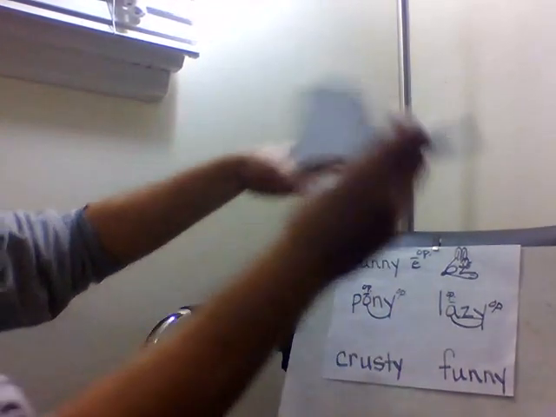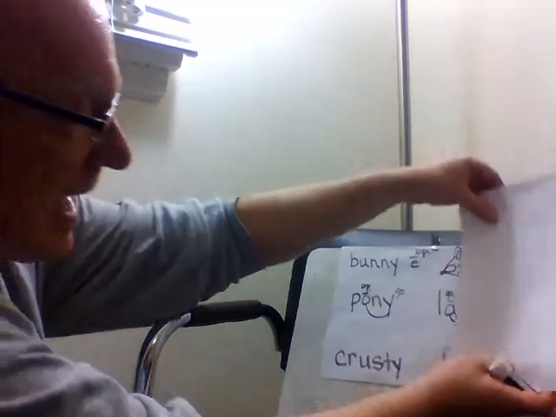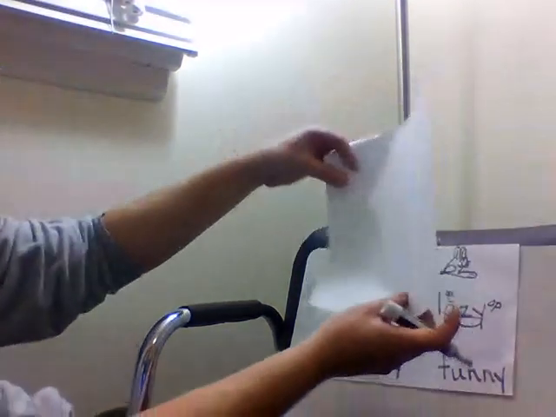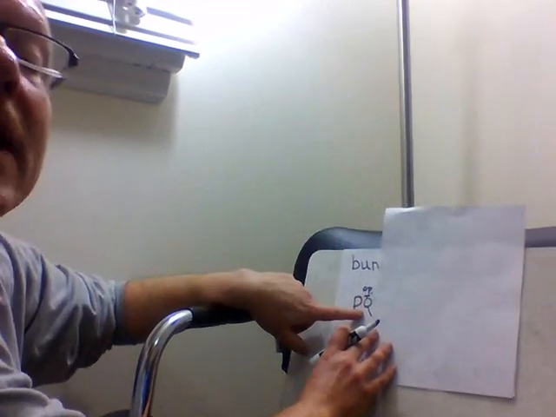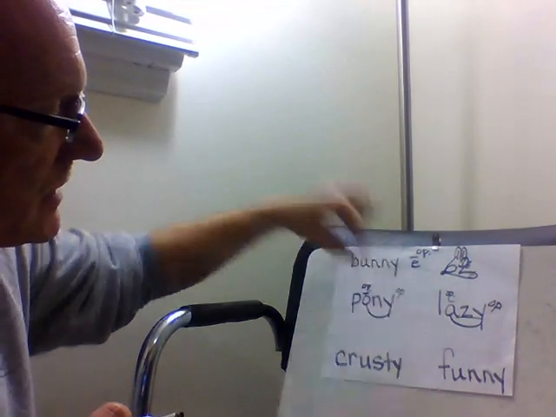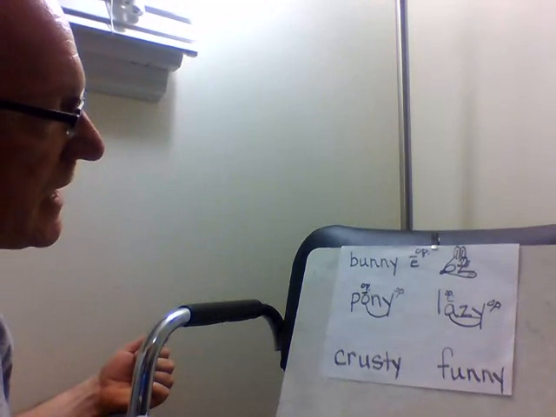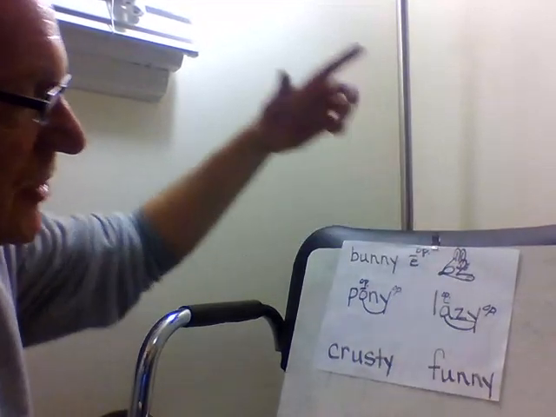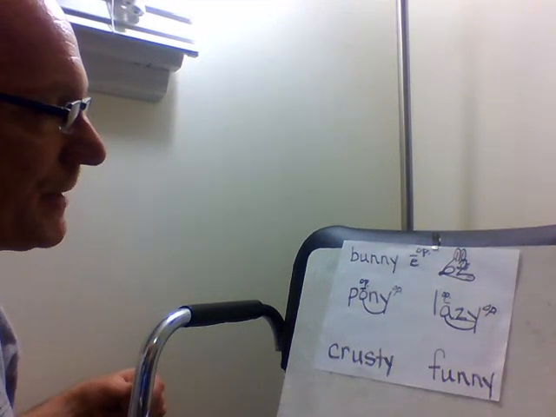Now that O and that A may be in the middle of the bigger word, but it's at the end of a syllable. So it's the same rule, just like a little word inside that bigger word, it can open, say its name on its own. So this is how we can get a long vowel on its own in the middle of a bigger word.